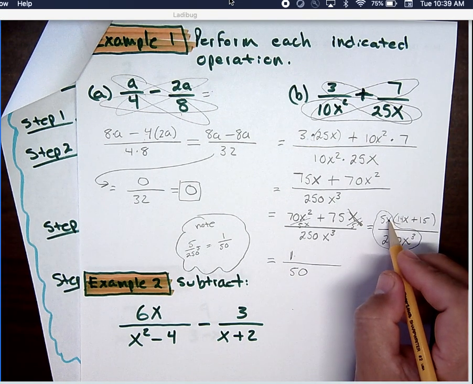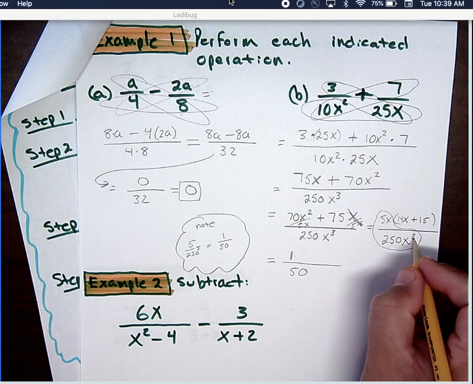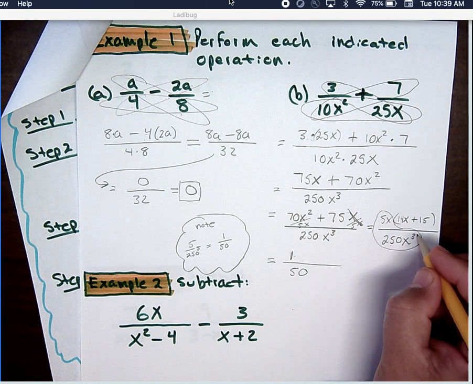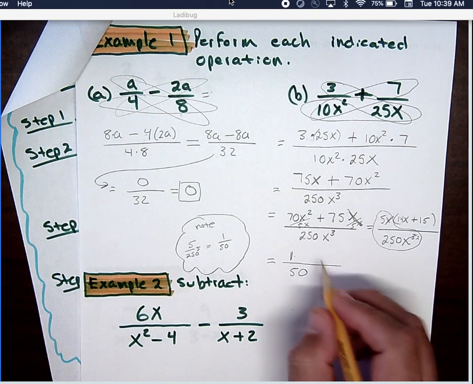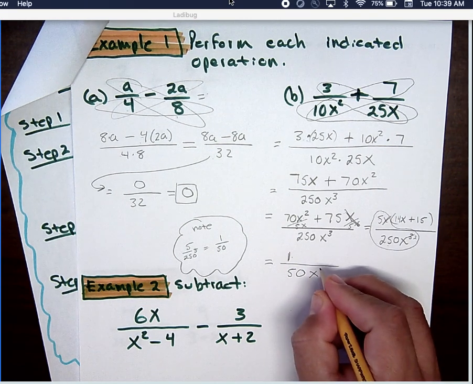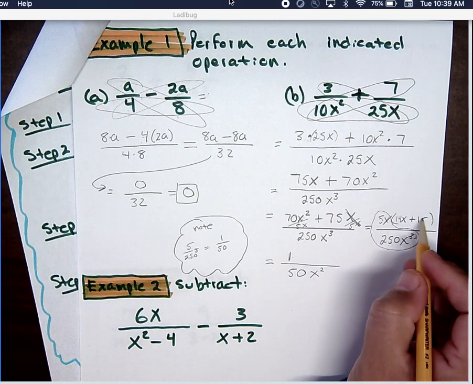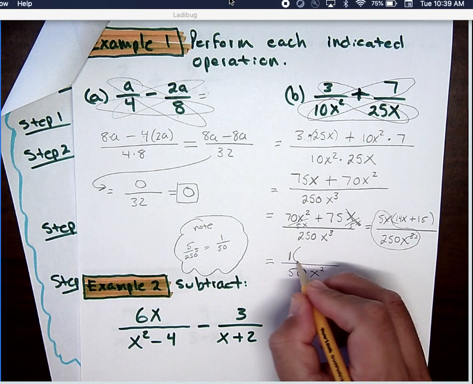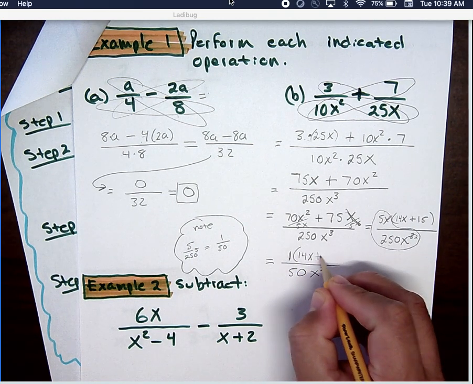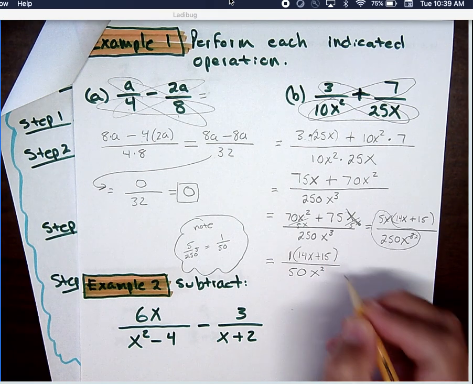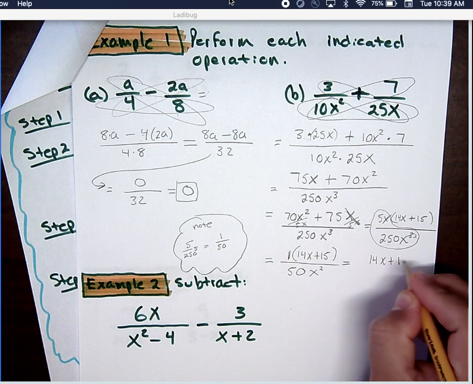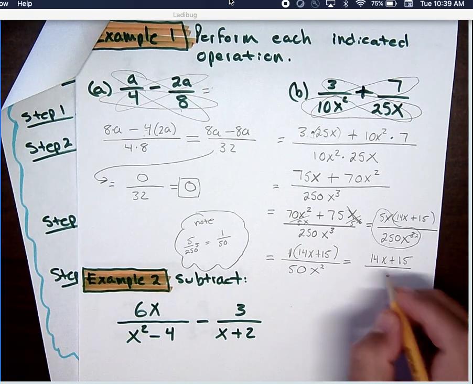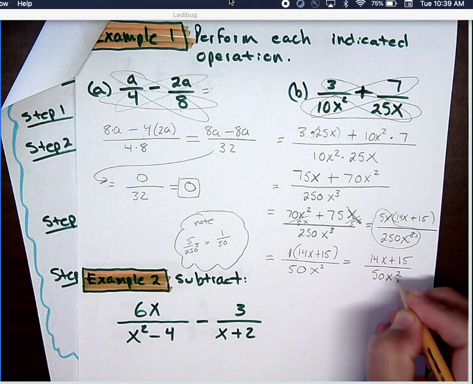And then the x and then x cubed. So basically you take 1 away from this, it becomes a 2, and that one goes away. So you have the x squared at the bottom. And then you still have 14x plus 15 on the top. So I'm going to rewrite this as 14x plus 15 because we don't need the 1 over 50x squared.